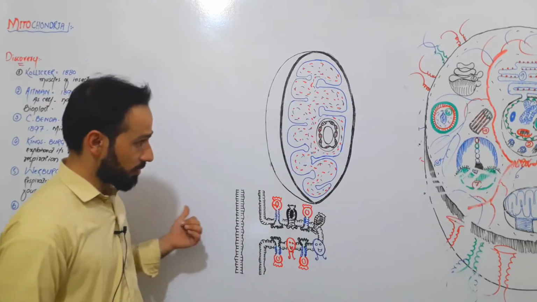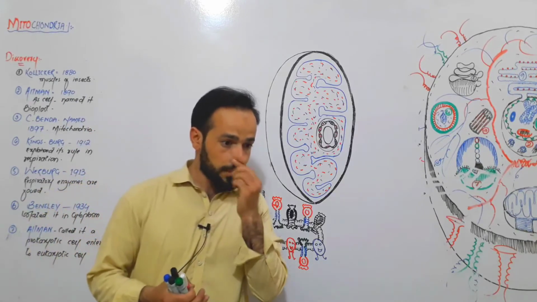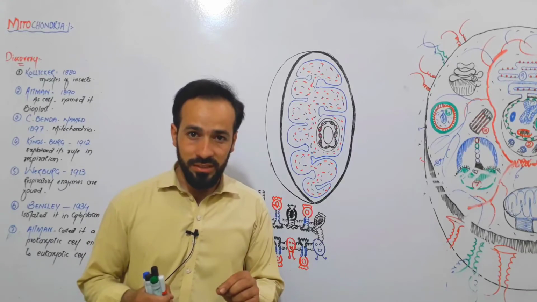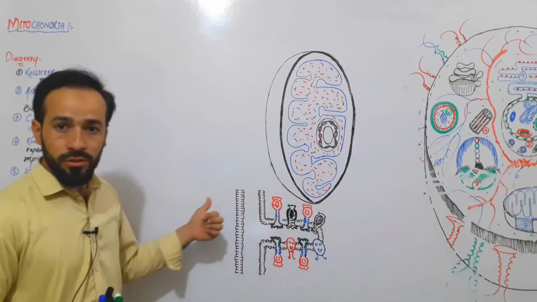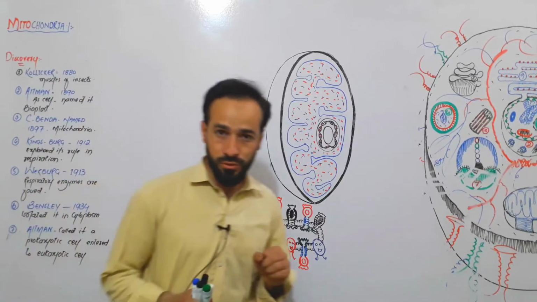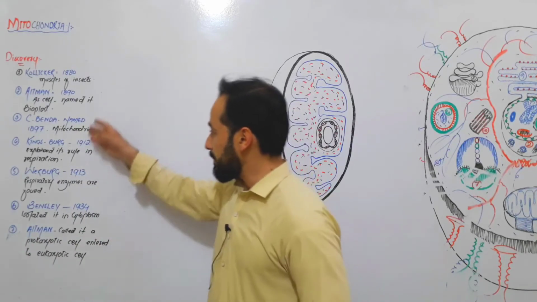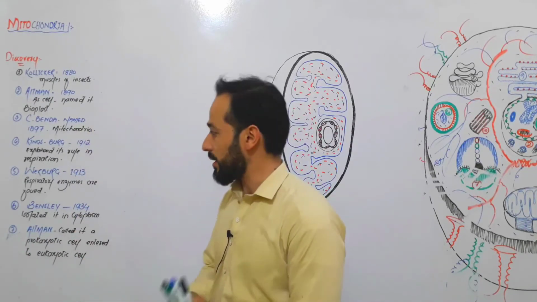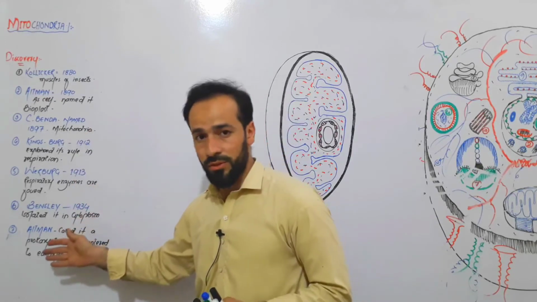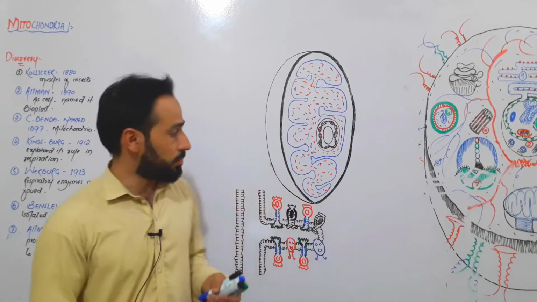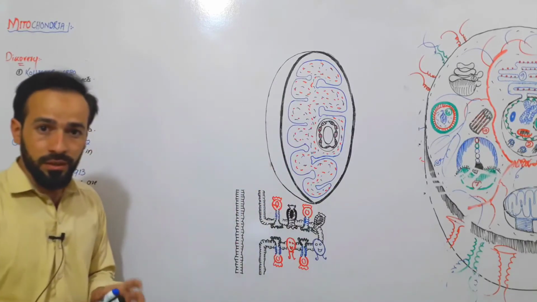So in the lectures regarding the organelles of the cytoplasm, this is the first lecture, and we are going to discuss mitochondria, right? So what is mitochondria? First, a little bit of history. Let's know which scientists helped us build up the knowledge of mitochondria, right?